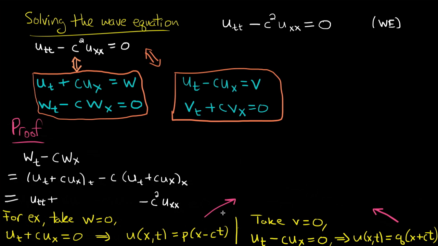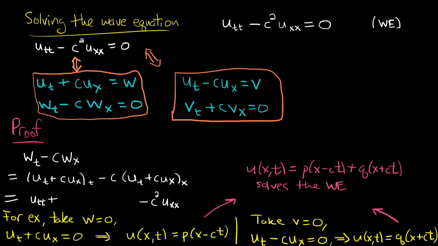It means that if I have two solutions to the equation and I add them together, I get another solution to the equation. So I can add together these solutions that I found by slightly different methods. I can add p of x minus ct and q of x plus ct for whatever p and q I want to choose, and I get another solution to the wave equation.